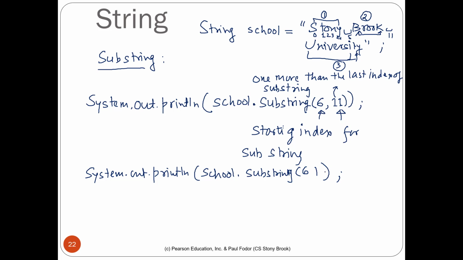So when you specify just one index, which is the starting index, then Java will return a substring that starts with the specific index that you're providing till the end. When you don't specify the end index, it will assume that you want everything after the specified index, including that index. So here the result of this will be Brook University.